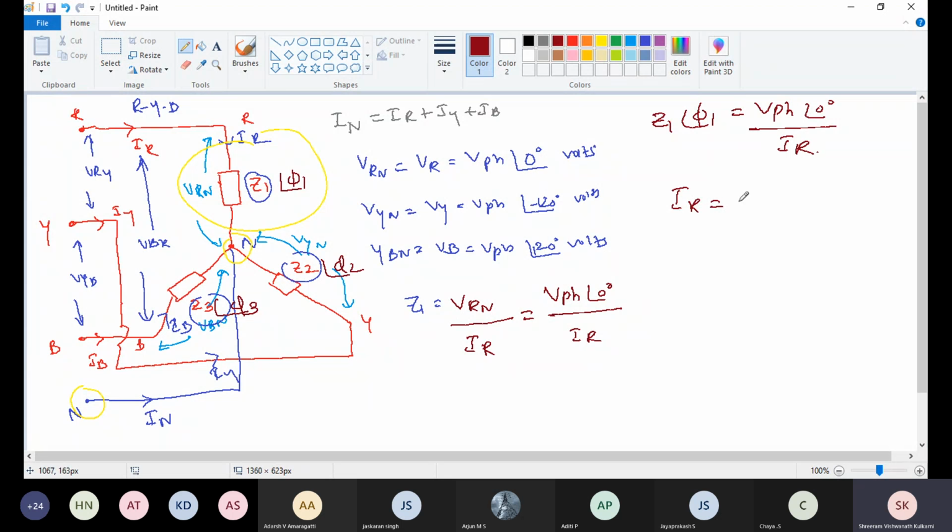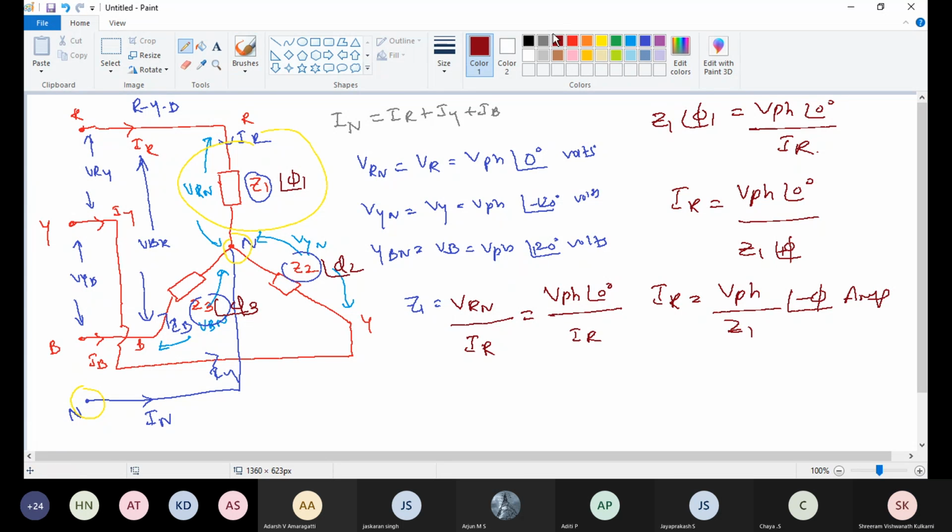Then IR equals V phase at angle 0 divided by Z1 at angle phi 1. So IR equals V phase divided by Z1 at angle minus phi 1 ampere.